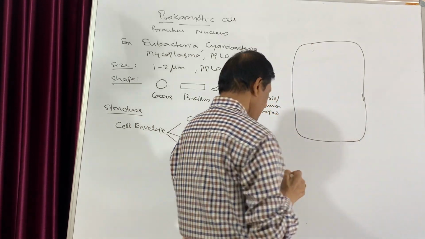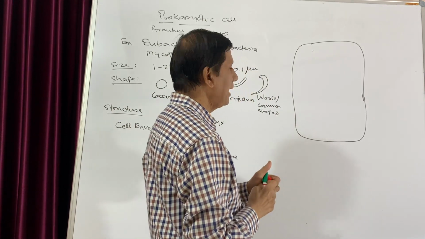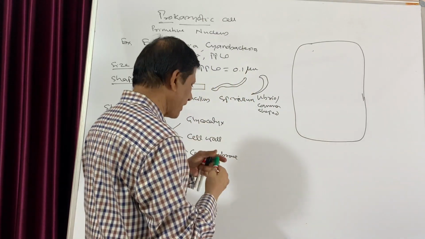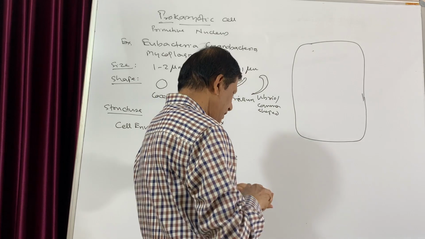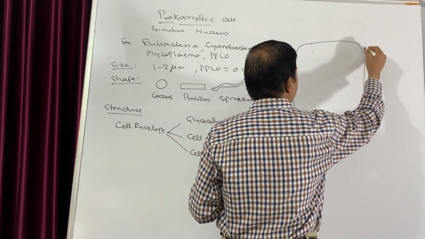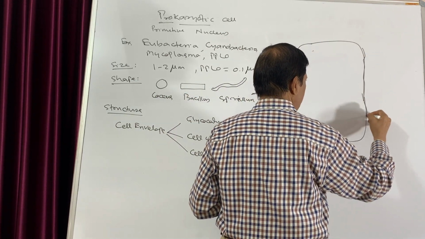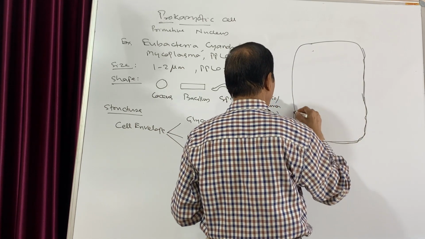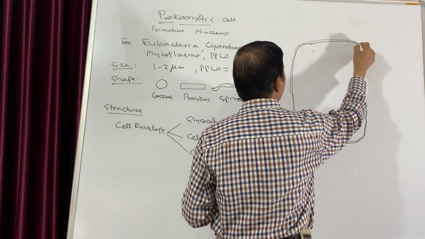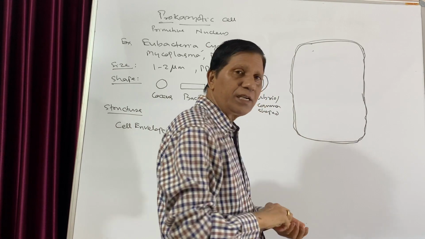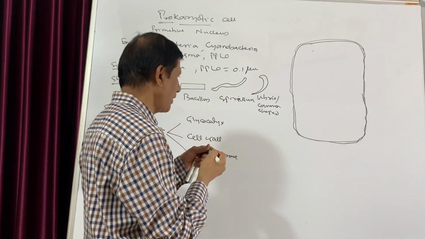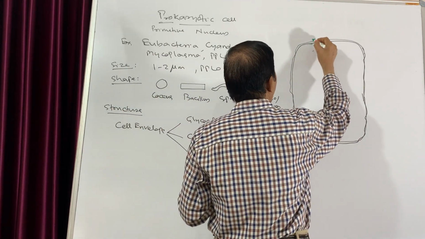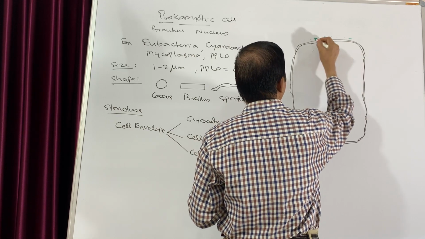Now this is the cell wall. Then outside the cell wall there is this glycocalyx. This is the cell wall, and outside the cell wall there is a glycocalyx. So this is the glycocalyx.